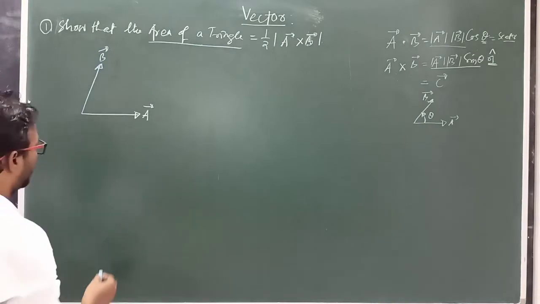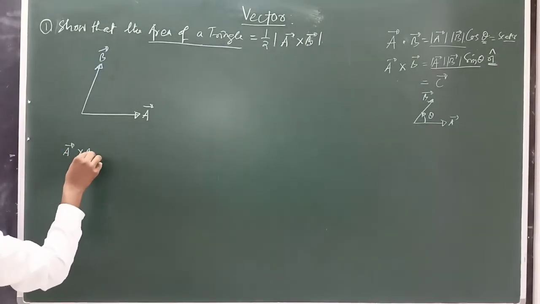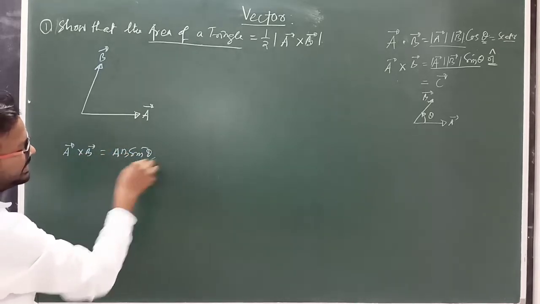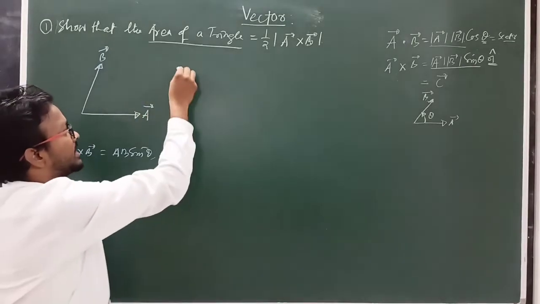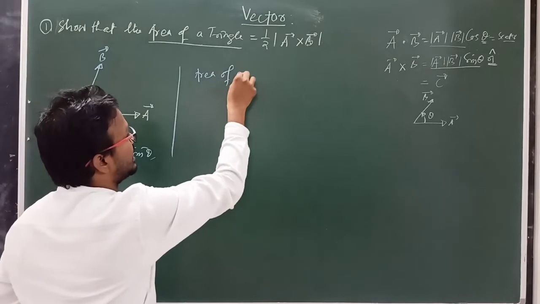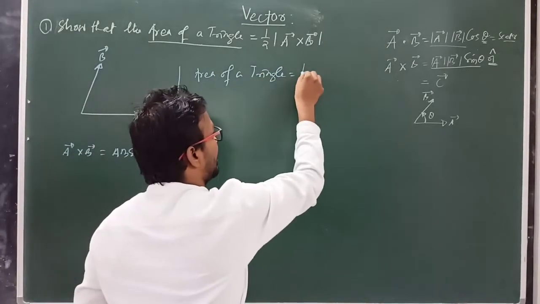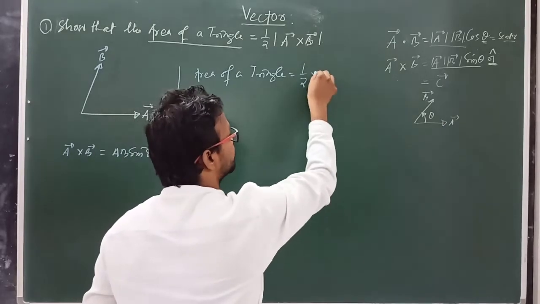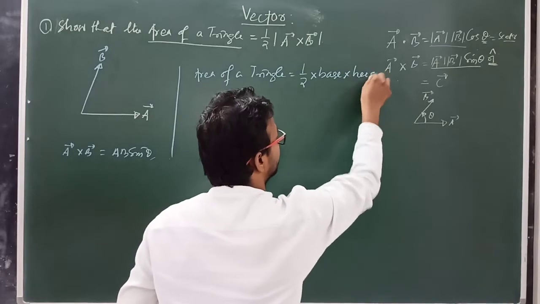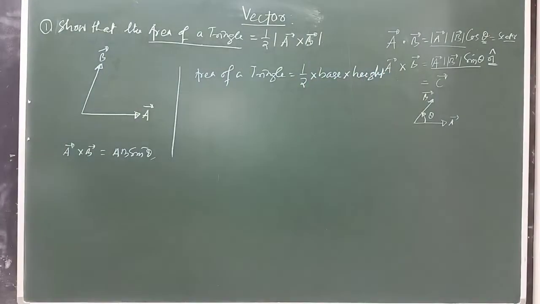We have the formula, a cross b equals ab sin theta. But what is the area of a triangle? We know the area of a triangle equals half into base into height.